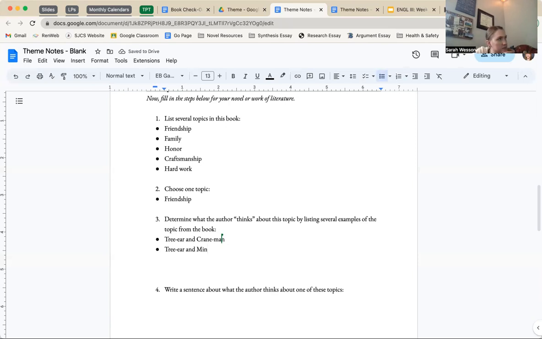Yep, that'll work. And then finally, there's also Tree Ear and Min's wife. I forget her name. Sorry, I'm trying to find it really quick.